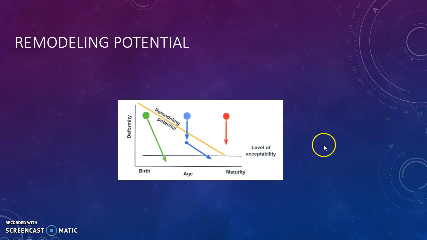But at the level of maturity, the deformity remains the same and does not reach the level of acceptability. And if you see this yellow line, this is the remodeling potential, which is decreasing with increasing age.